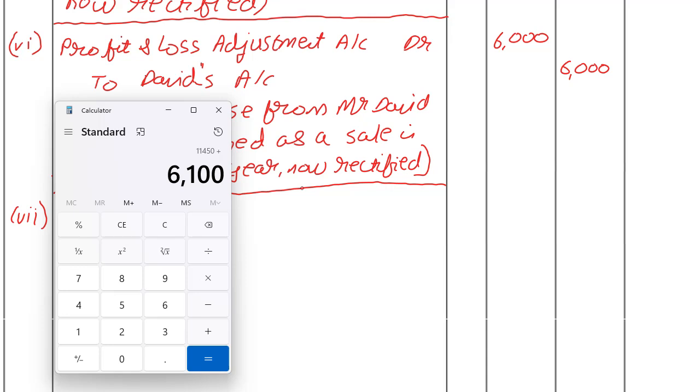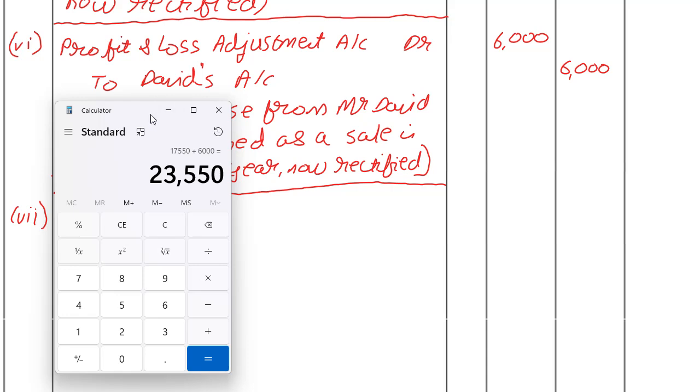And the last one is 6,000, so plus 6,000. And I get 23,550. Remember, I started with a debit, so the fact that this is a positive number means the P&L adjustment account has a debit balance.